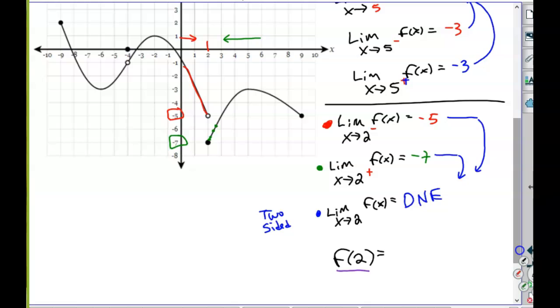There's no limit. There isn't any word limit, so this is just a location for the point. Now you're looking for the filled-in circle. So when x is exactly 2, it's a filled-in circle. You do have to know the difference between just a regular point and the limits.